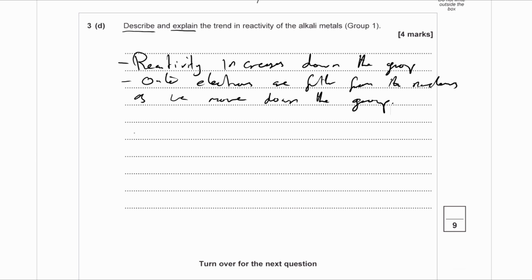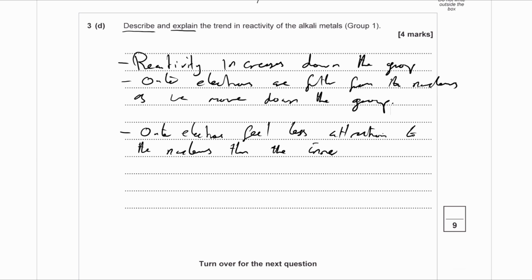Now what this means is that the outer electrons feel less attraction to the nucleus than the inner electrons, and therefore they are lost more easily.